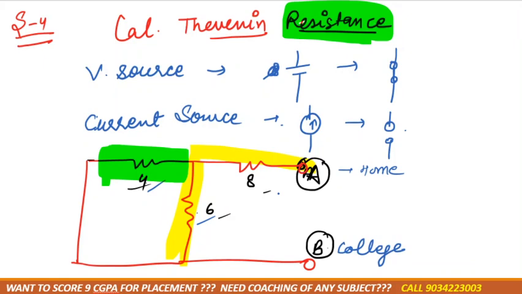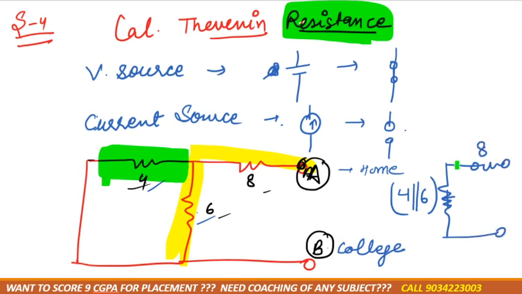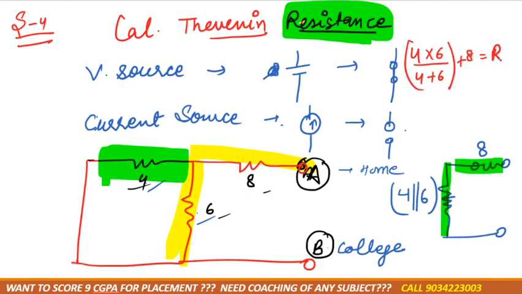They are on different paths, so they are connected in parallel. Now combine it. Now tell me, are these two on the same path or on different paths? Now they are in series. If we solve it further, 4 parallel 6 plus 8 is equal to RTH. Now solve it and then tell me the value.